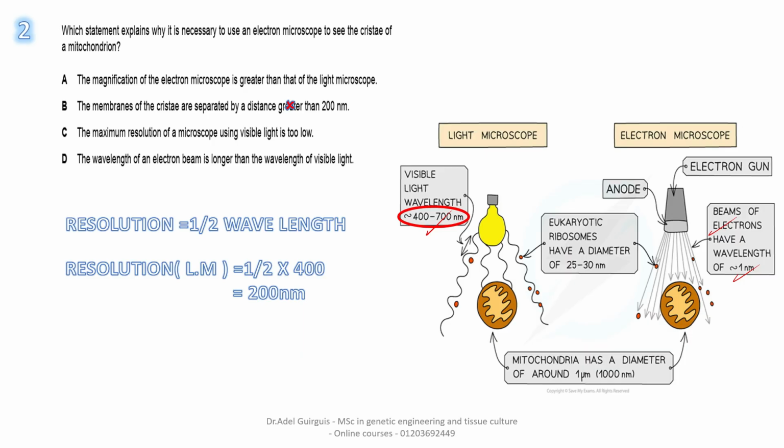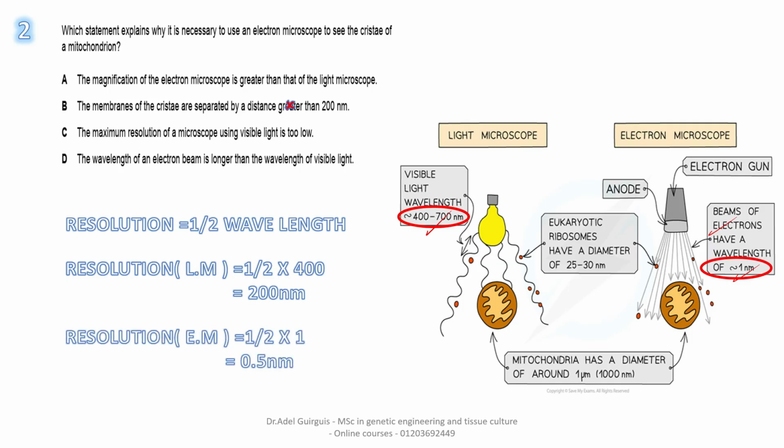This is the resolution power of the light microscope. It can distinguish between 2 points if the distance between them is equal to or greater than 200 nanometers, as 2 separate points.